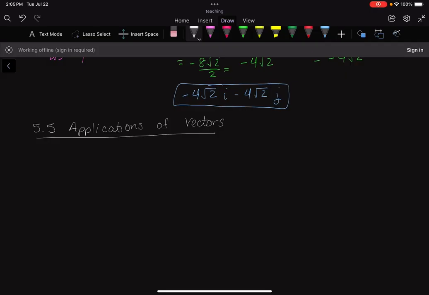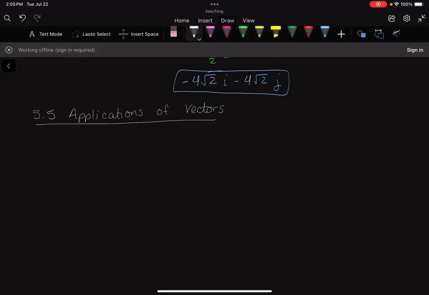In this section, a big thing that we utilize with some of these problems is parallelograms. So I want to remind you of some things about a parallelogram and some geometry stuff in general.